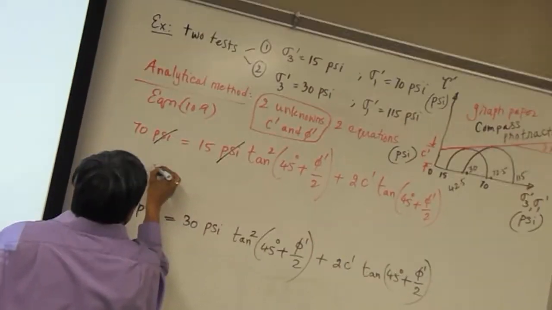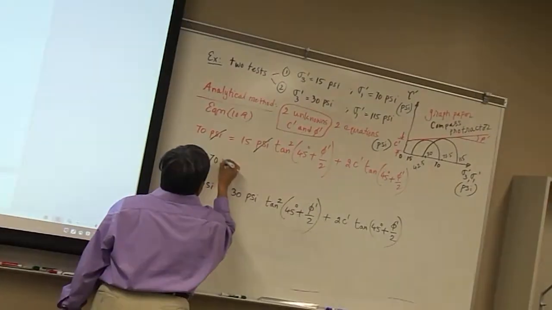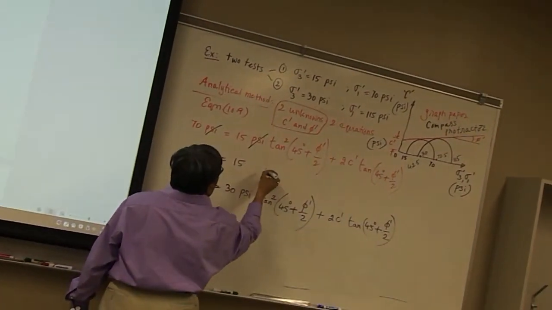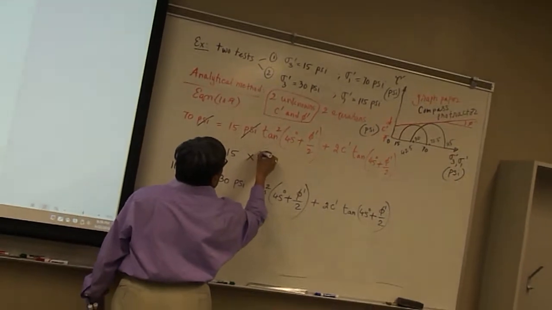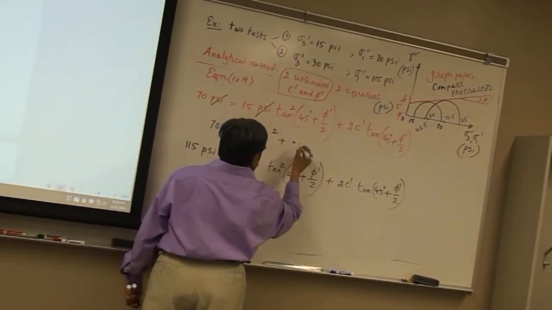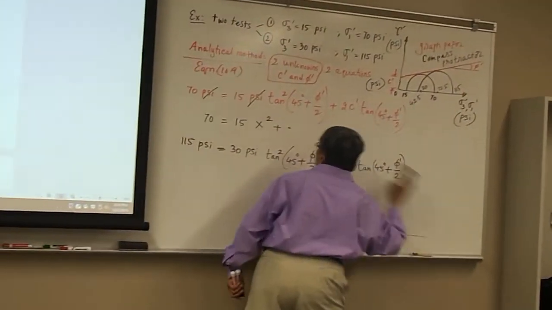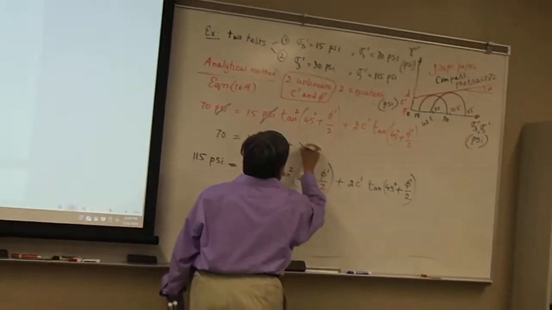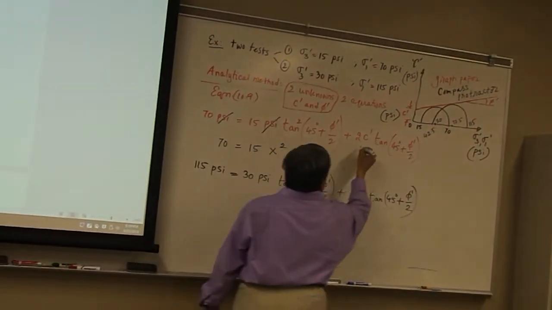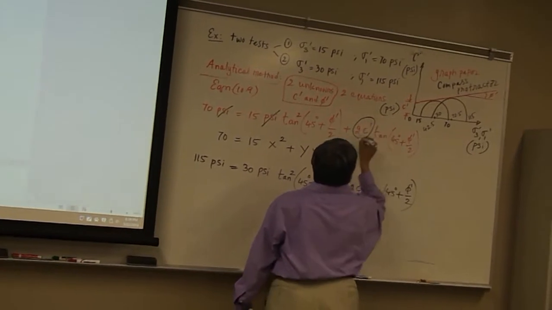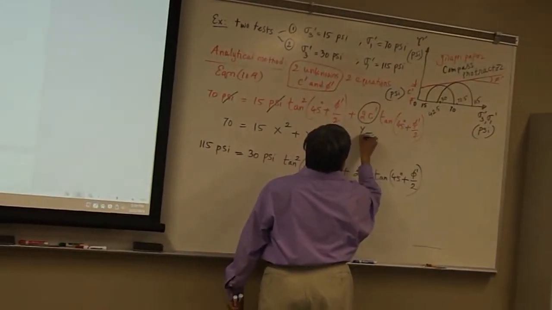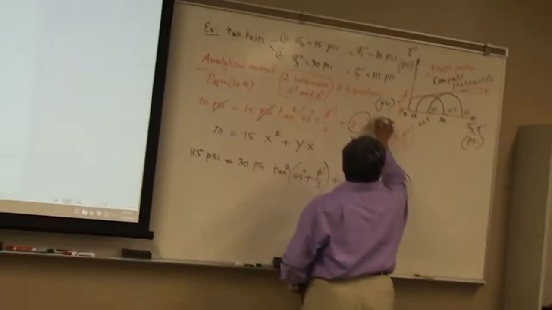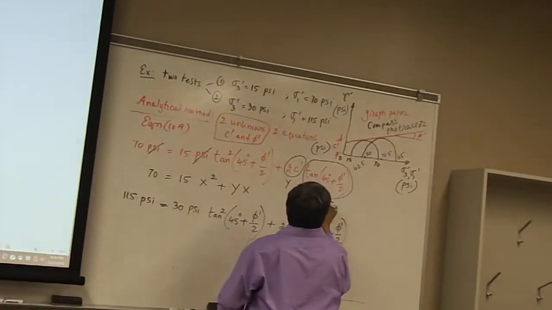So you can say that this is 70 equals 15 x square plus 2c y x, by replacing 2c with y, and this entire thing is x.